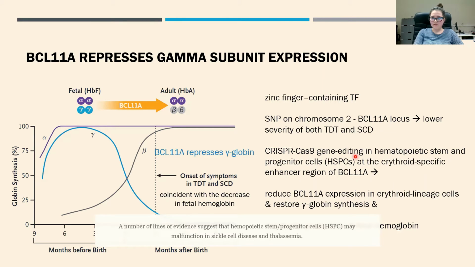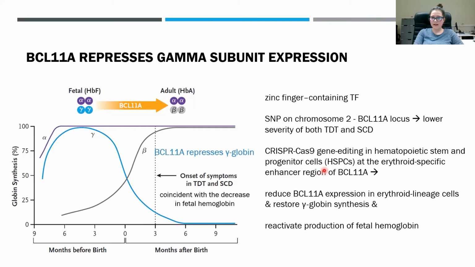So these cells were taken, edited with CRISPR at the enhancer region of this protein, and patients that had that genetic editing had reduced expression of this protein in erythroid lineage cells and restored gamma globin synthesis. So their hemoglobin was synthesized in the form that is found in fetuses.